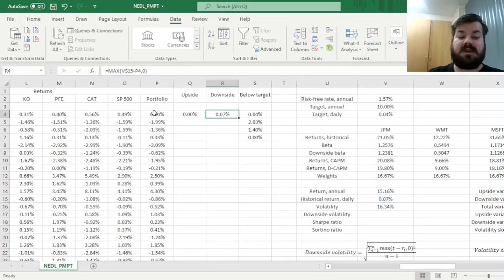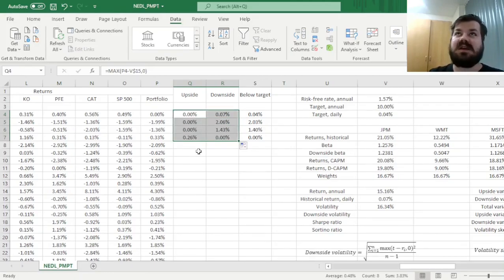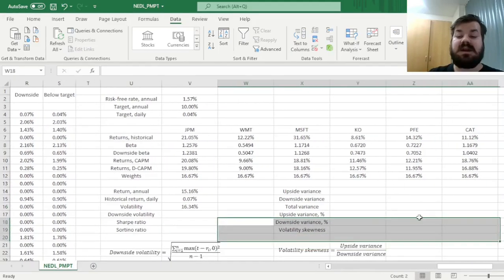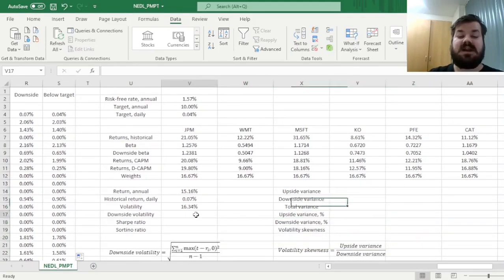Meaning that here, for example, as we under-delivered our historical average, we have got a downside of 7 basis points, 0.07%. And now, having calculated these formulas for all 3 columns, we can enforce them throughout our 10-year sample and calculate downside volatility as well as upside and downside variance.